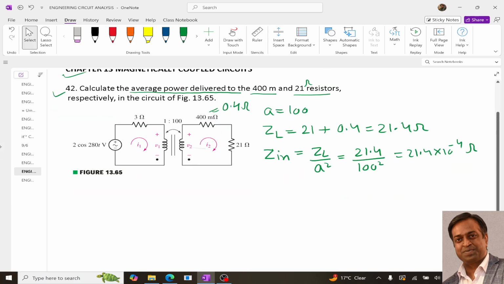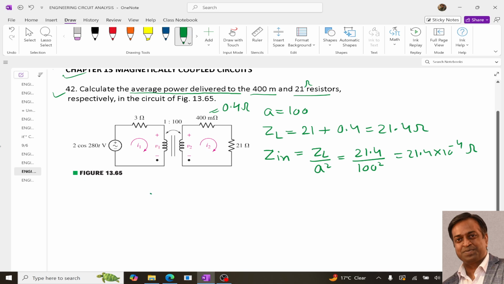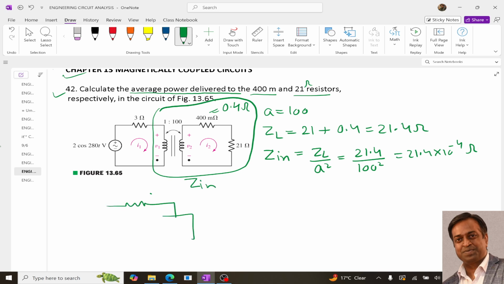Now once we get this, the purpose of Zn is that this complete part is replaced with Zn. Now our circuit will look something like this. Now we can determine the current I1.